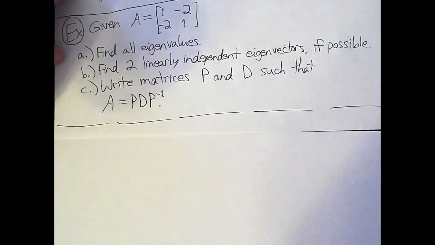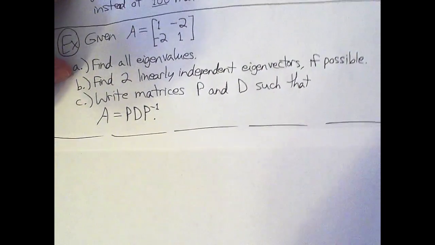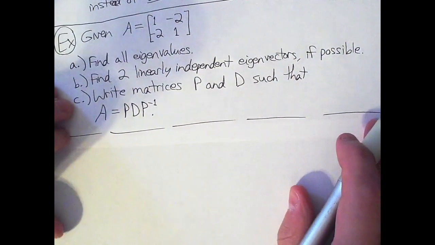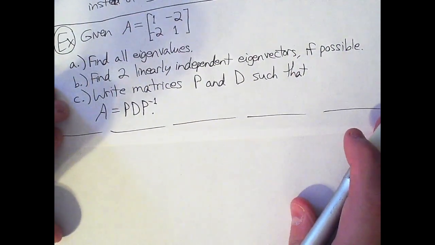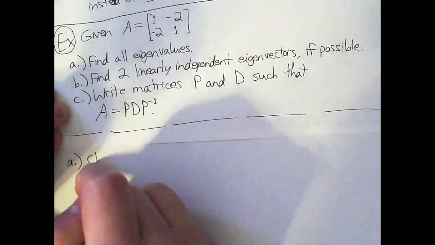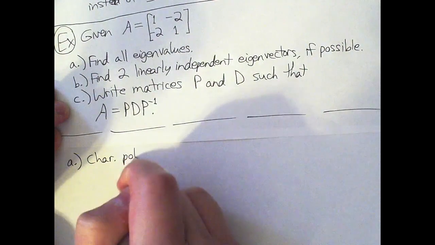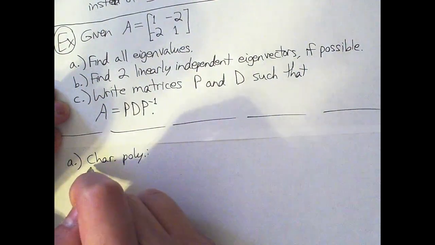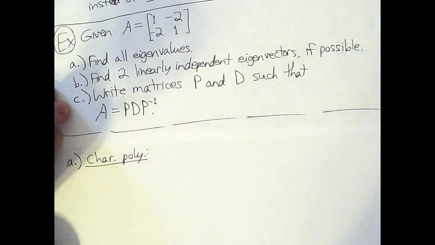All right, so do you see that parts A and B are basically things we did in the previous 2 sections? So it shouldn't be too bad. First of all, we need the characteristic polynomial, right? That's what we do to find eigenvalues.